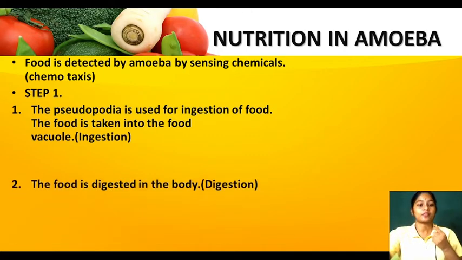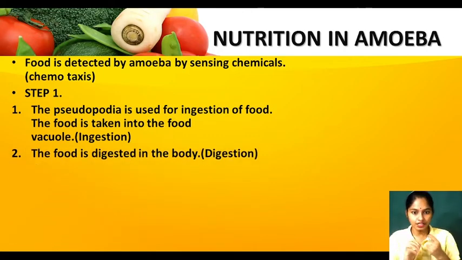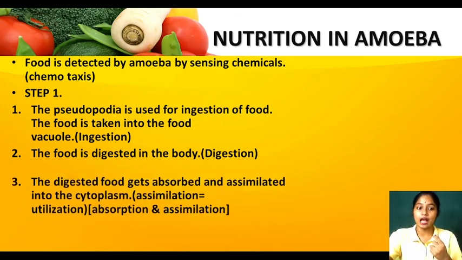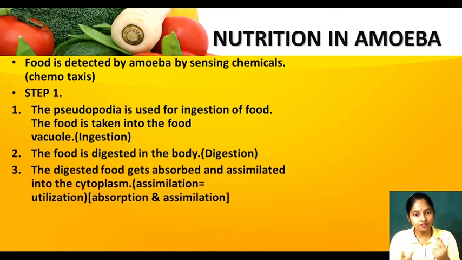Clear? Yes. Now the food is digested in the body. After taking the food, it will be digested into simpler substances. Yes. So the digestion happens. After that, the digested food gets absorbed. The amoeba will absorb the nutrients and assimilate them. Assimilation means utilization.